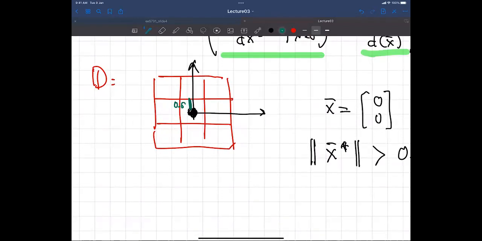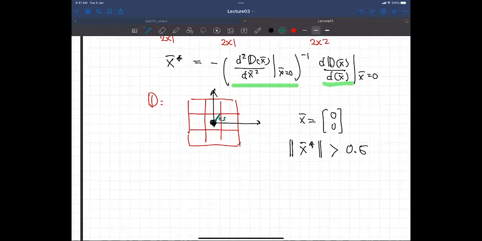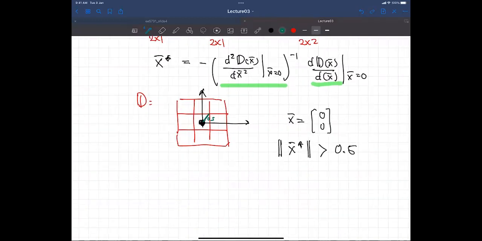The magnitude of 0.5, I think, is this one. So basically anything larger than 0.5 will go beyond that particular pixel. So it will go beyond to either this one, that one, this one, or the surrounding pixels, basically. And that's the location that we want to get from this x star.